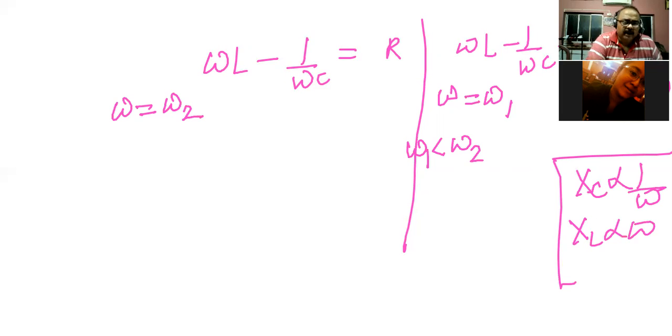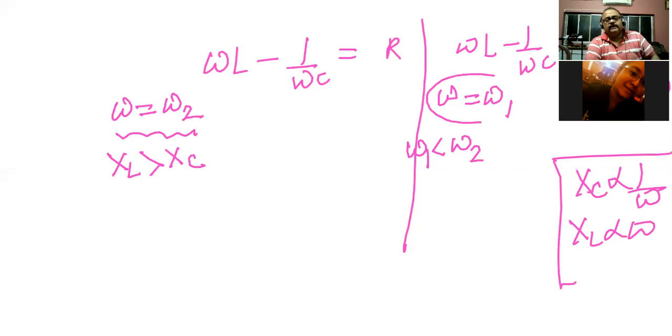So when omega equals omega 2, XL will be greater than XC, and when omega equals omega 1, XL will be less than XC. That is a very, very important condition to be taken care of.